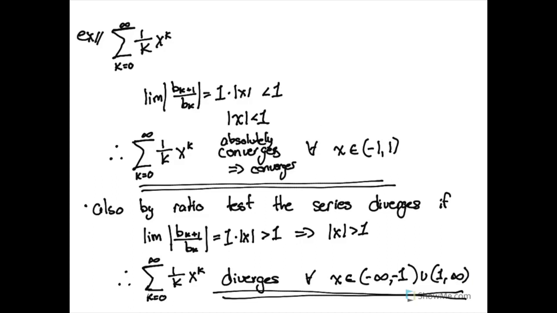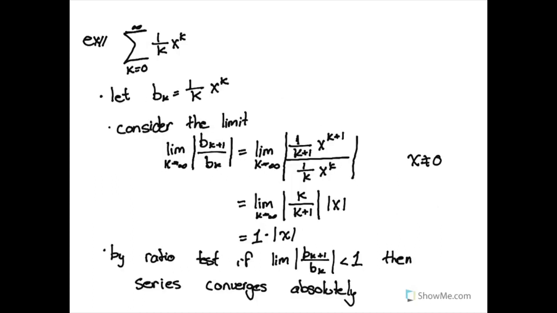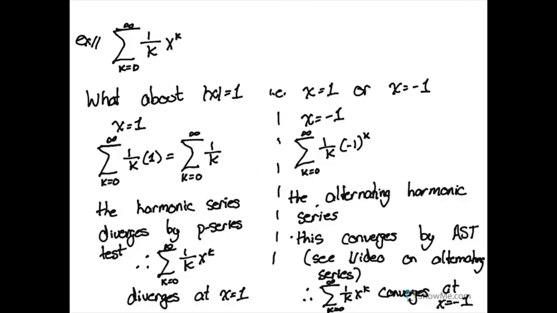Now one thing that you may have observed is when we applied the ratio test here, we got that either the limit, which is going to be absolute x times something, is going to be less than 1, or it's going to be greater than 1. Actually, let me write this down.